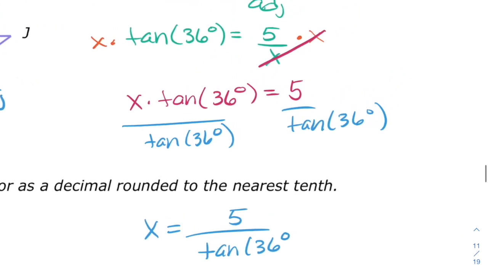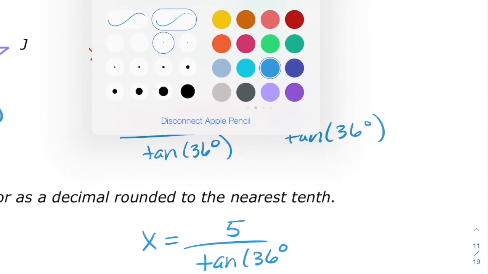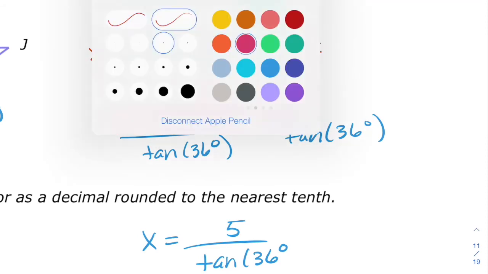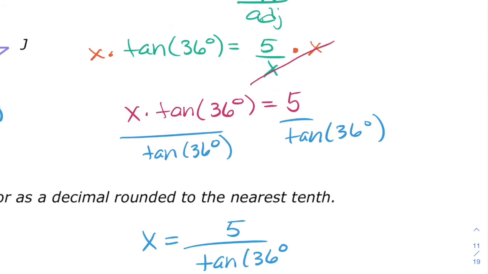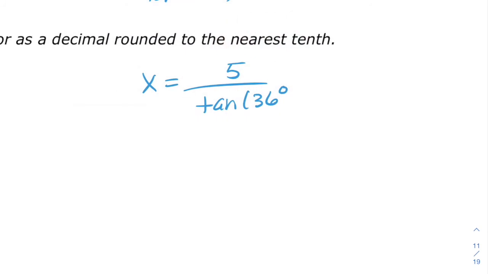Okay. I just want to clean that part up before I move on. Times x. You just couldn't really see it. Okay, so x is approximately equal to 5 divided by tangent of 36.